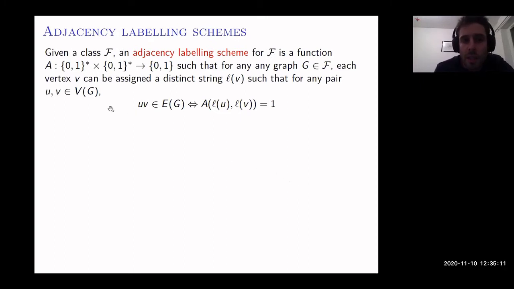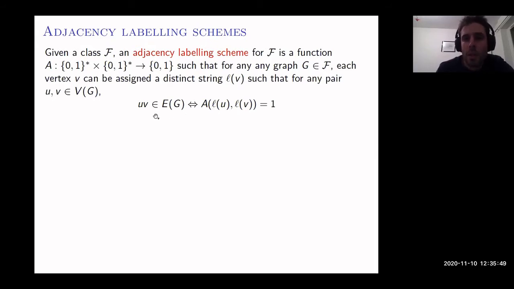Given a class F, an adjacency labeling scheme is a function A that takes 2 bit strings as input and outputs either 0 or 1, with the property that for any graph G in your class, you can find labels for each of the vertices, and these labels have to be distinct, such that whenever A reads the label of U and the label of V, A is able to decide, only by looking at these 2 labels, whether there is an edge between U and V in G.